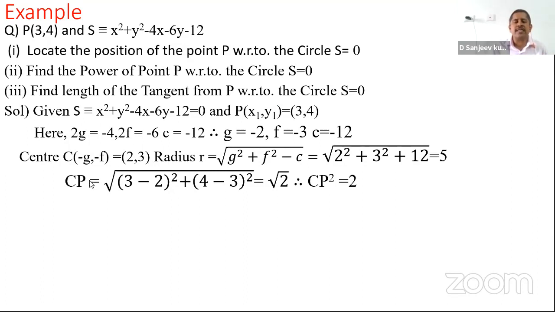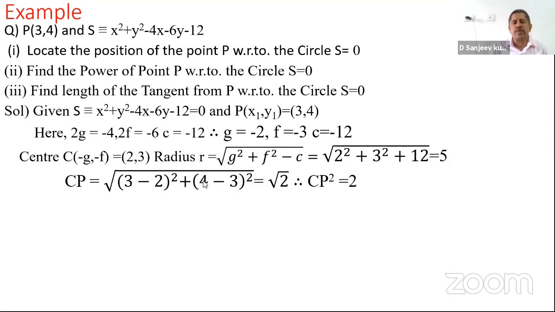So the distance between C and P, distance CP: you have C as (2, 3) and P as (3, 4). How to find distance? You have the formula, square root of (x2 minus x1) whole square plus (y2 minus y1) whole square. So here it is 3 minus 2 whole square plus 4 minus 3 whole square. 3 minus 2 is 1, 4 minus 3 is 1.